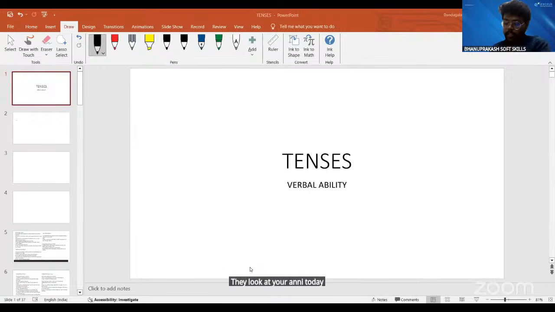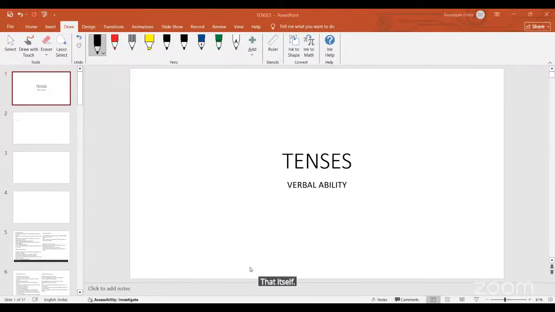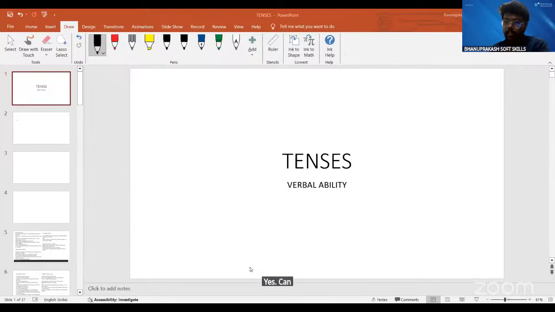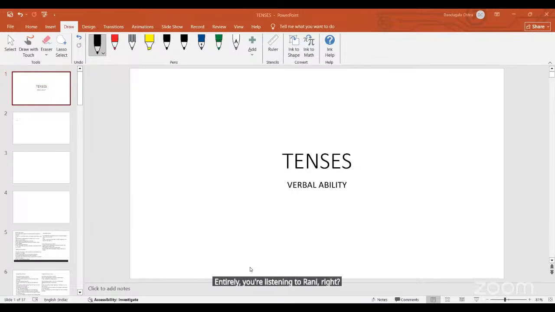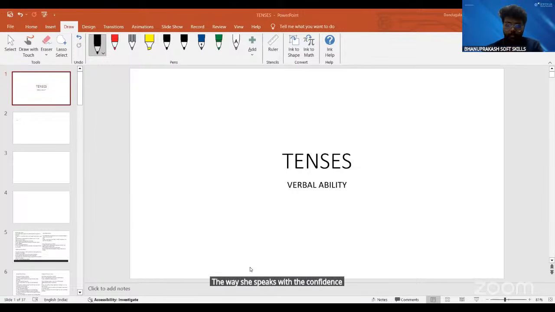Look at you, Rani, today. Have you observed any change? Can someone please tell me what change you have seen in Rani? Like daily you are listening to Rani, right? The way she speaks with confidence. Yes, she's speaking more boldly, right?